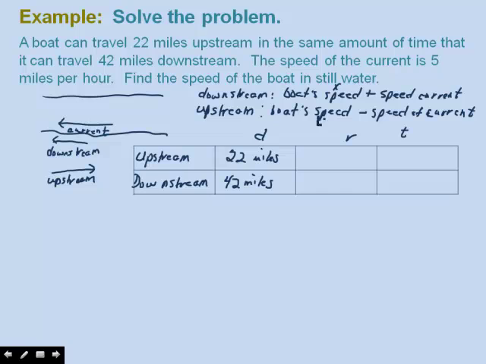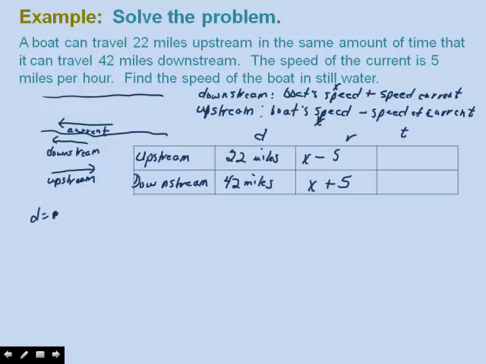The boat speed, we're going to make that x. So for upstream, for our rate, we're going to have x minus the speed of the current, which the problem tells us is 5 miles per hour. For downstream, we're going to have x plus 5. And then we don't know anything about the time except that the two times are the same.